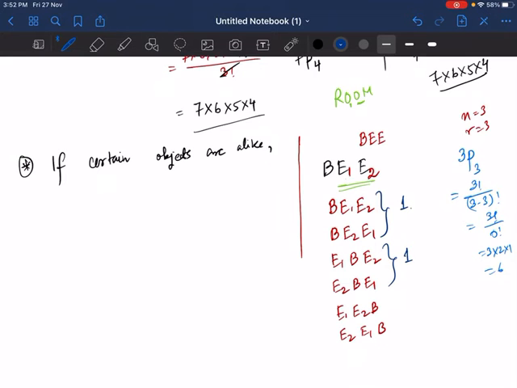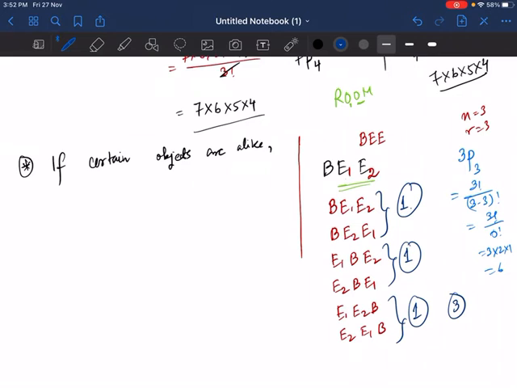Then E1, E2, B and E2, E1, B also have to be considered as one. We cannot take them as 2 because they are the same thing. There is no such thing as E2 and E1, because both E's are the same letter of the English alphabet. So there are only 3 ways we can arrange the letters of B. So the answer will be 3.